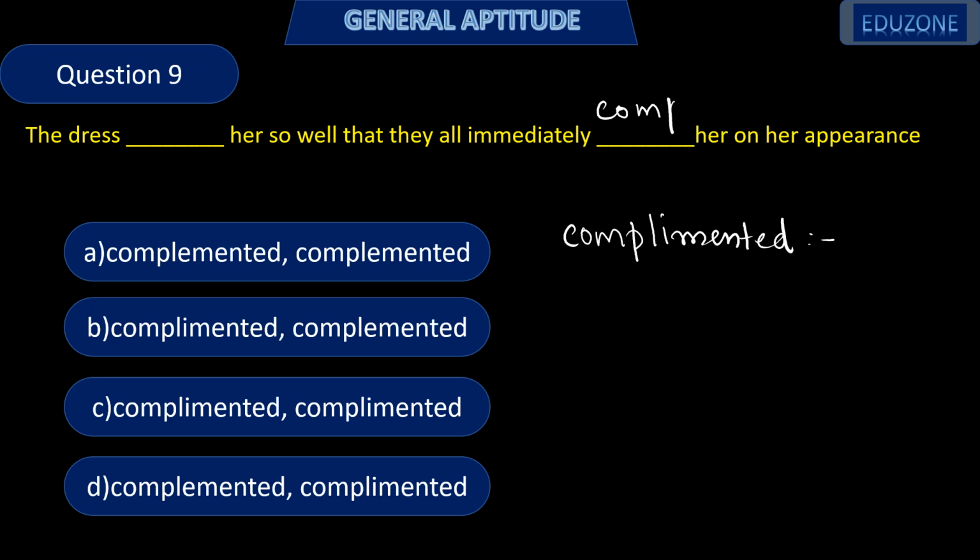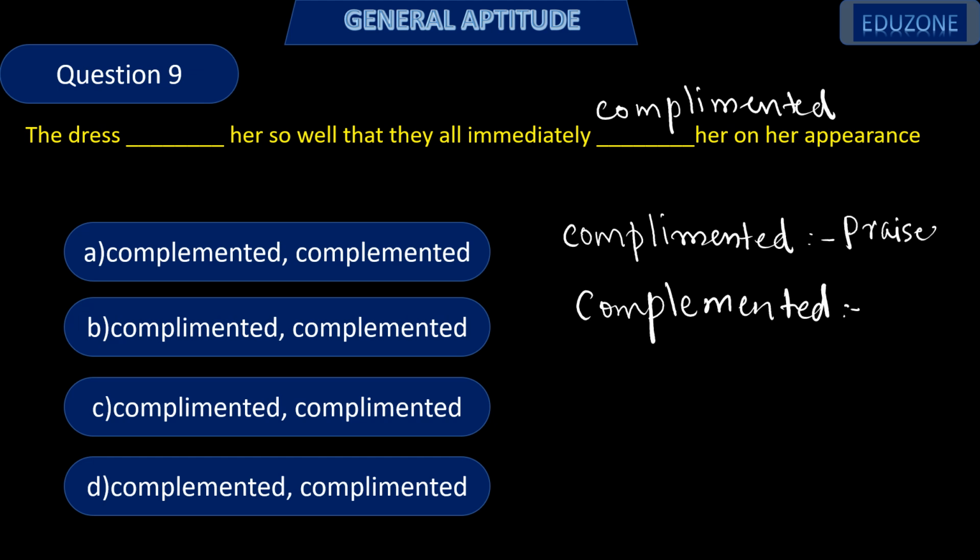Now the other one, C-O-M-P-L-E-M-E-N-T-E-D, means something that enhances something, or the dress suited her very well. Complimented means praised, and complemented means enhances something. So the option is option D.